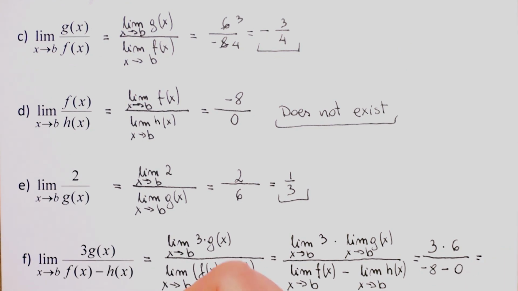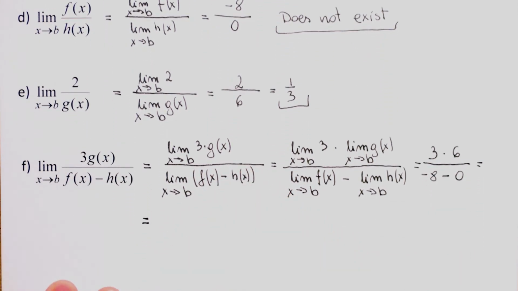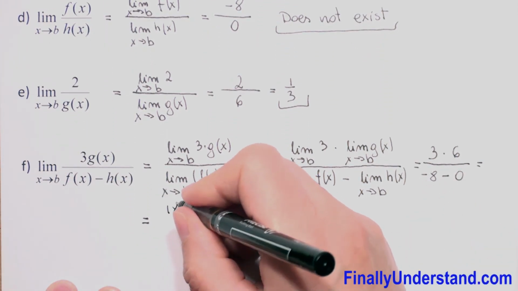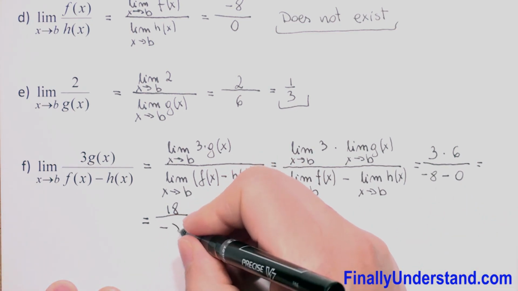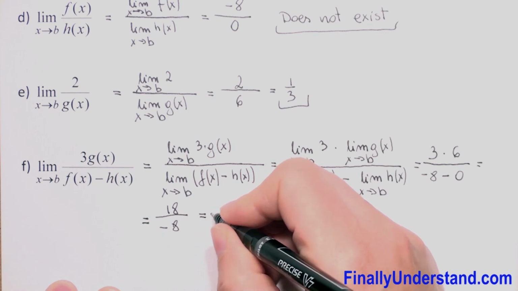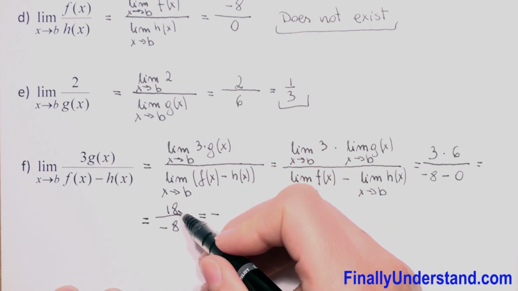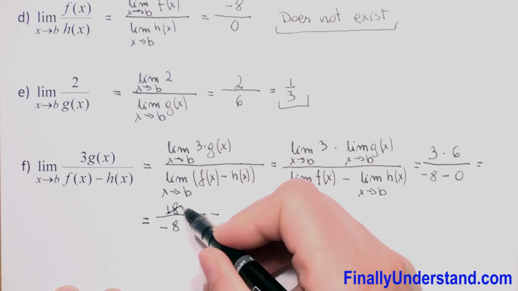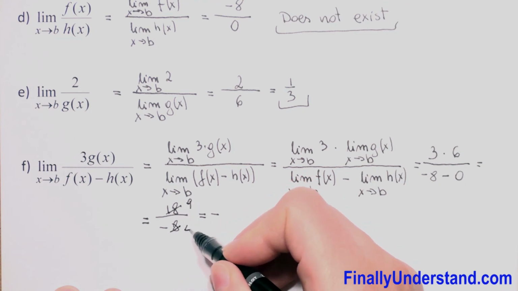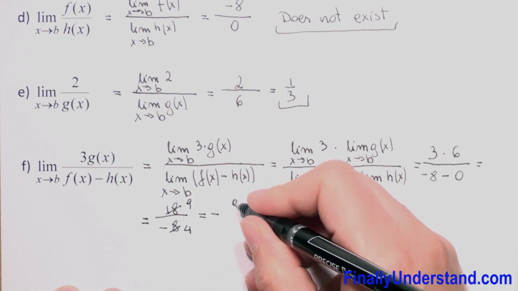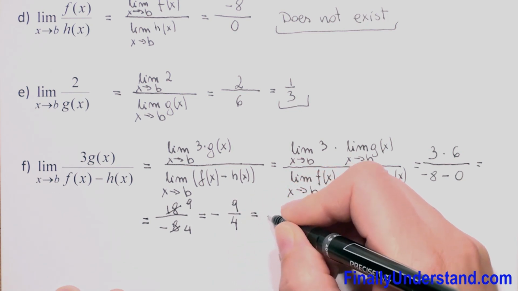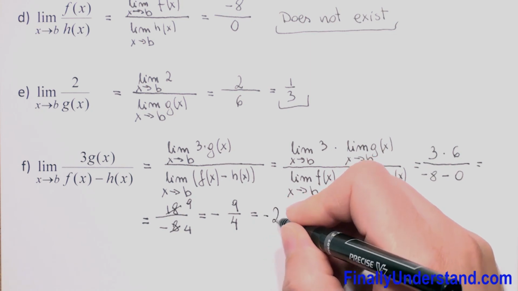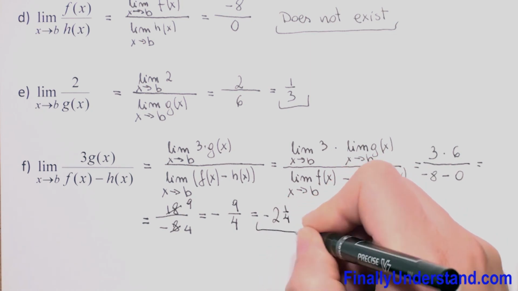This is equal to 3 times 6 is 18 over -8 minus 0 is -8. Positive over negative is negative. We can reduce by 2, so it will be 9 over 4. We have -9 over 4. We have an improper fraction, we can change it to a mixed number, so it will be -2 and 1 over 4. This is our answer.